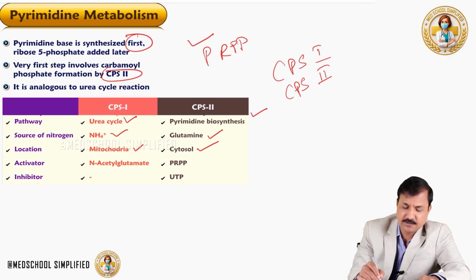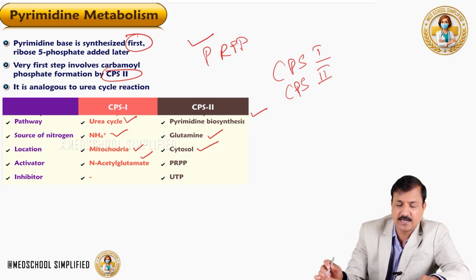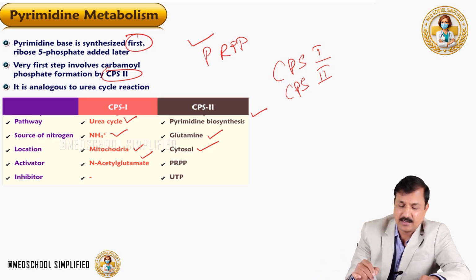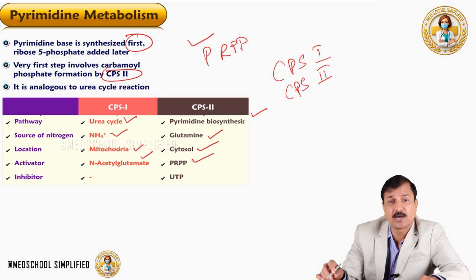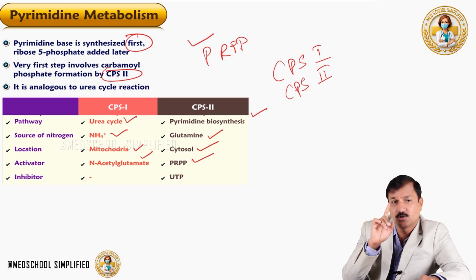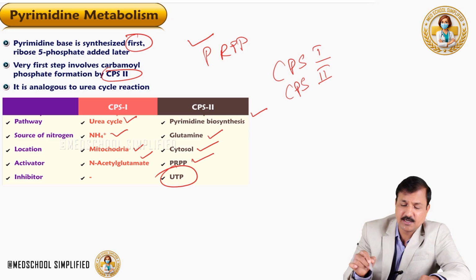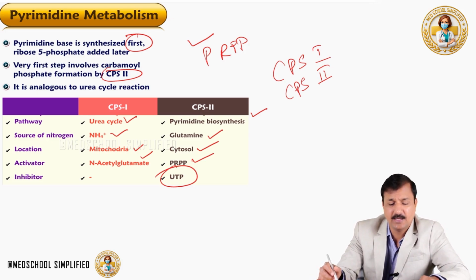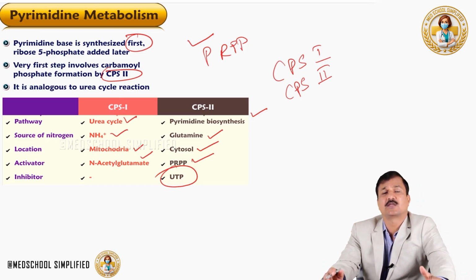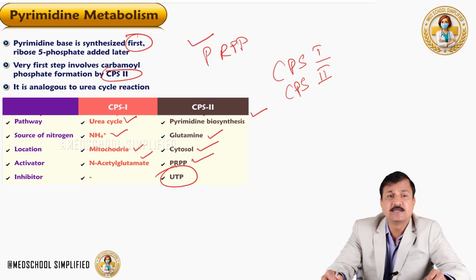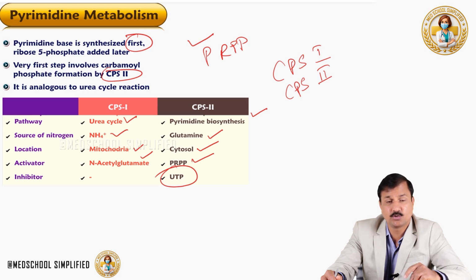The activator of CPS-I is N-acetyl glutamate, NAG, and the activator of CPS-II is PRPP. Remember, PRPP stimulates both purine and pyrimidine biosynthesis. The inhibitor of CPS-II is UTP, and there is no such inhibitor for CPS-I. So these are the major differences between the CPS-I and CPS-II enzymes.